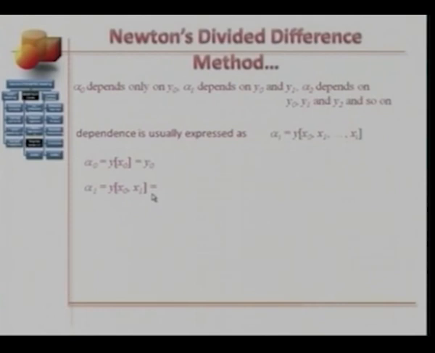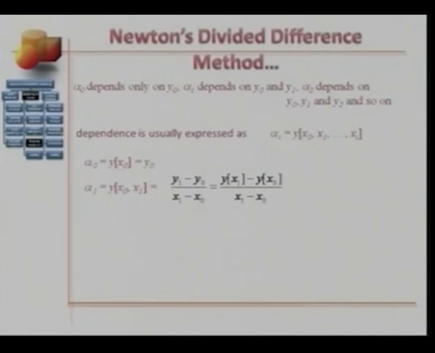You would know what that is, which is (y1 minus y0) over (x1 minus x0). Now, how can you express this in terms of this notation right here? y[x1] minus y[x0] over x1 minus x0.